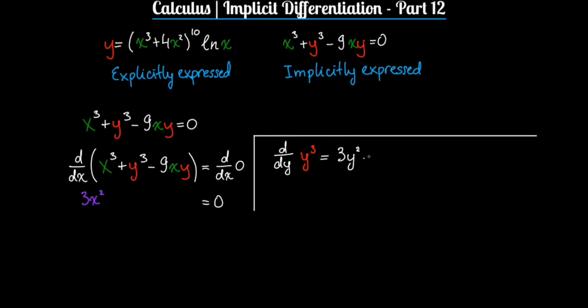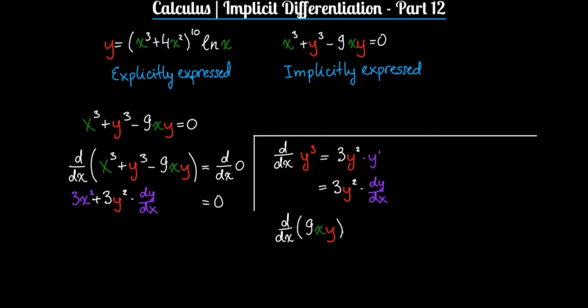But then we also have to differentiate the y itself, the inside. Therefore, by the chain rule, we simply get y prime or y derivative. You can also express this as 3y squared times dy over dx. Remember, y prime and dy dx are the same thing, just expressed differently.